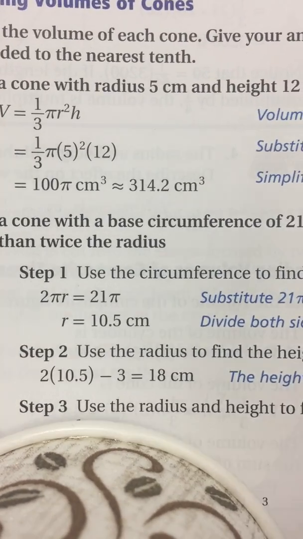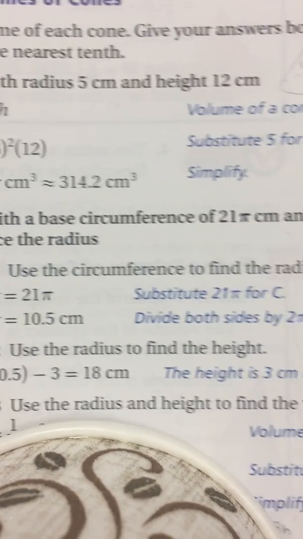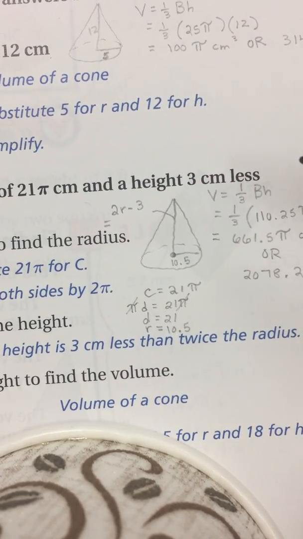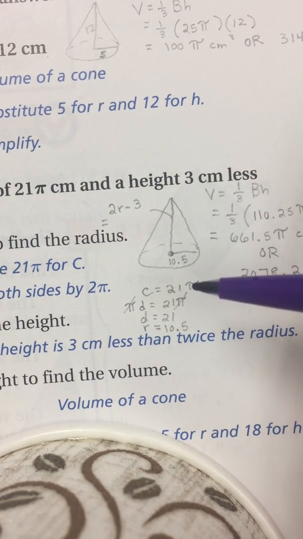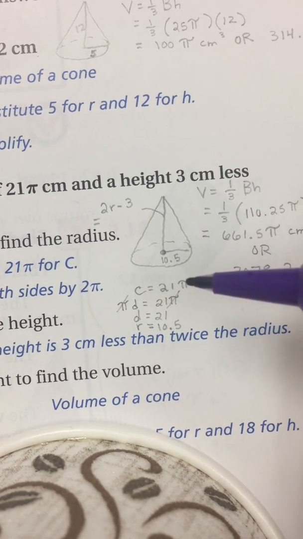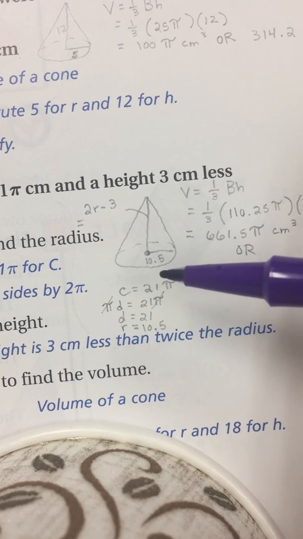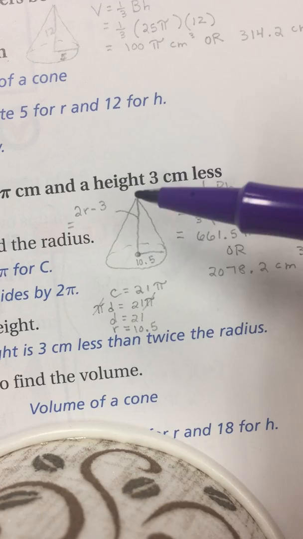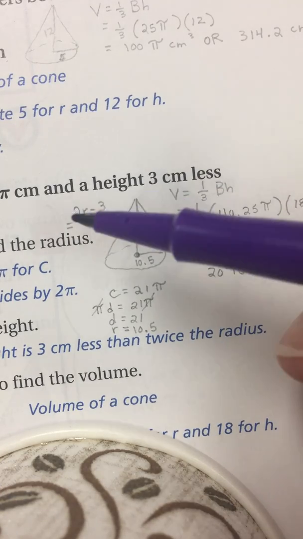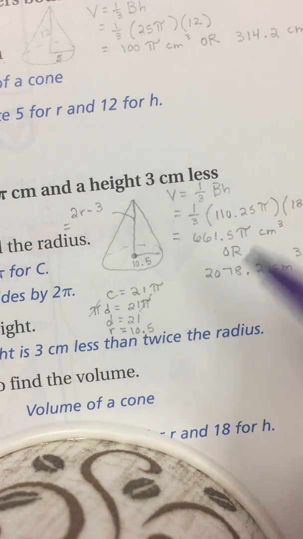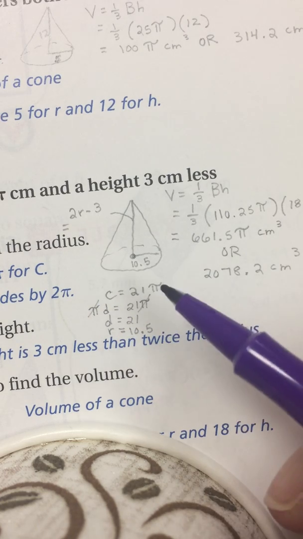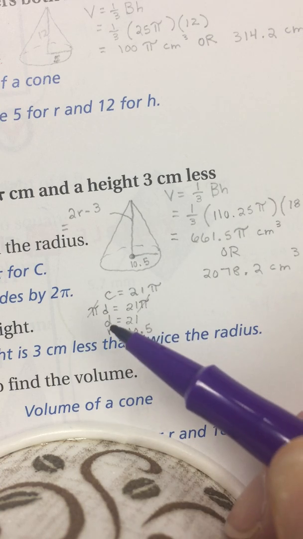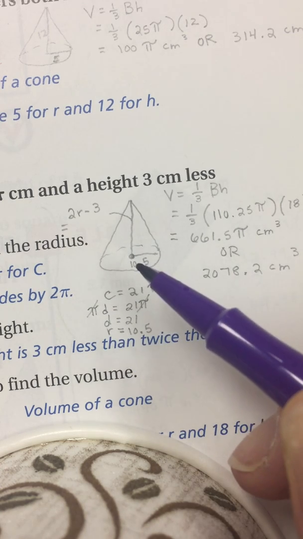Okay, let's move on to B. A cone with a base circumference of 21 pi, so we're going to have to do some backwards work, and the height is 3 centimeters less than twice the radius. That simply means 2r minus 3, 2 radius minus 3. All right, so let's work backwards. Circumference equals 21 pi. Pi d equals 21 pi, get rid of the pi, and now we have d equals 21, or the radius equals 10.5.